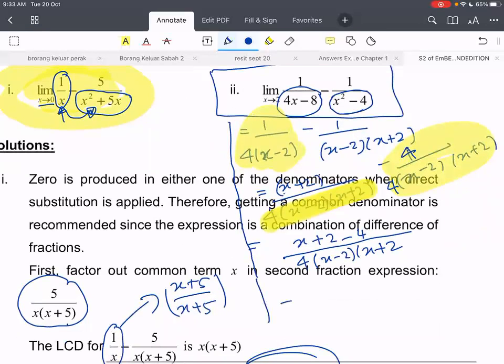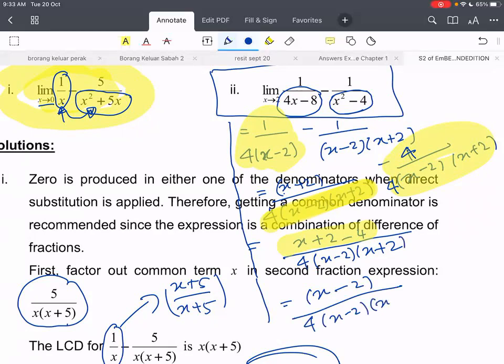So next, you solve the numerator. You solve the equations there. So it will become x minus 2 over 4(x minus 2)(x plus 2). So you notice that there is a term that you can cancel out, which is x minus 2.